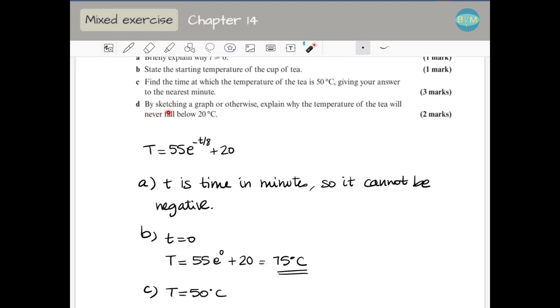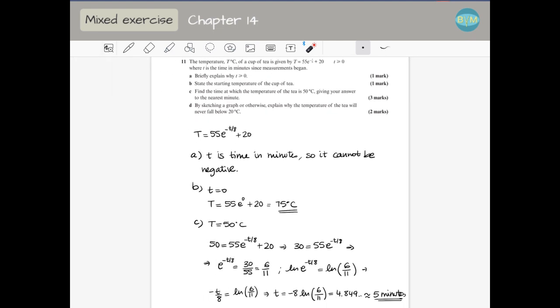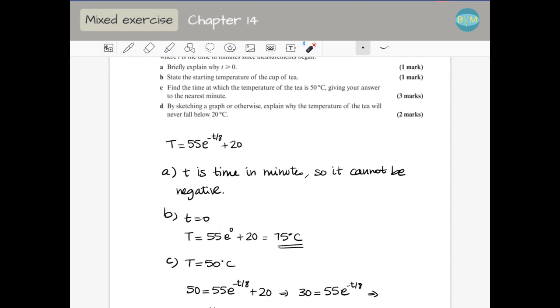D, by sketching a graph or otherwise, explain why the temperature of the tea will never fall below 20 Celsius. There are a couple of ways of thinking about this. You have an exponential decrease. When t tends to infinity, this is going to tend to 0, so the whole thing is going to tend to 20.